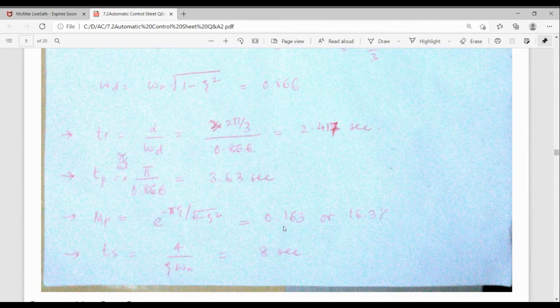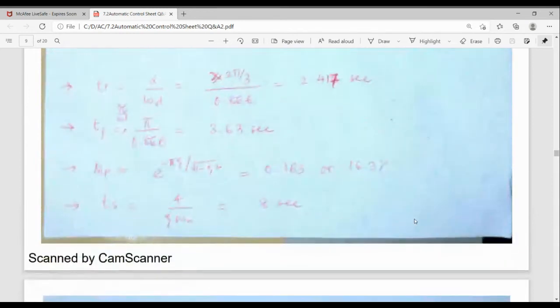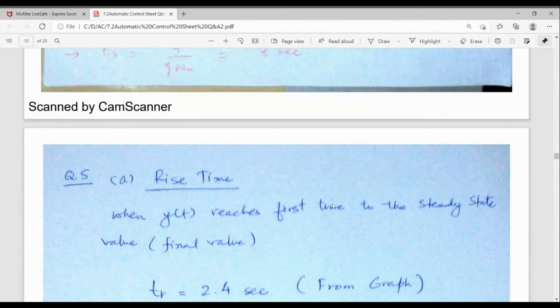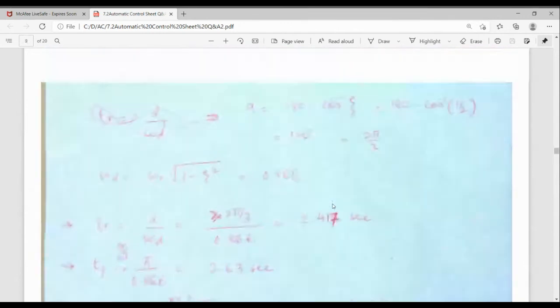Upon substituting the value of zeta, you will get 16.3% maximum peak overshoot. Now settling time is 4 by zeta omega n. This is the formula for settling time. Upon substituting the zeta value and natural frequency omega n, you will get 8 seconds settling time. This is about question number 4.